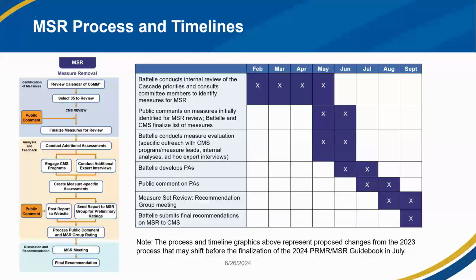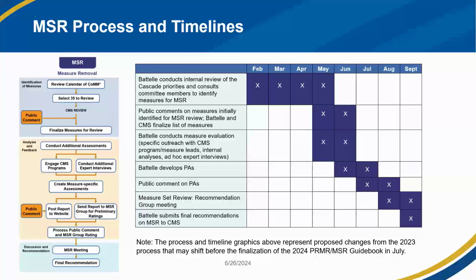You also saw a similar timeline for primer. So for MSR, we're actually in the process right now. I'll go through a little bit of this. But the measure set review looks at the cascade of meaningful measures as a start to identify the measures that are going to be in the 35 measures to be reviewed.